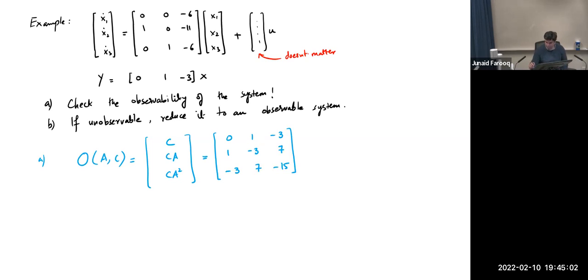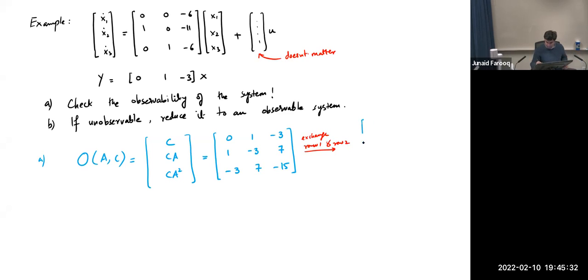Elimination is one way. Let's first exchange row 1 and row 2.